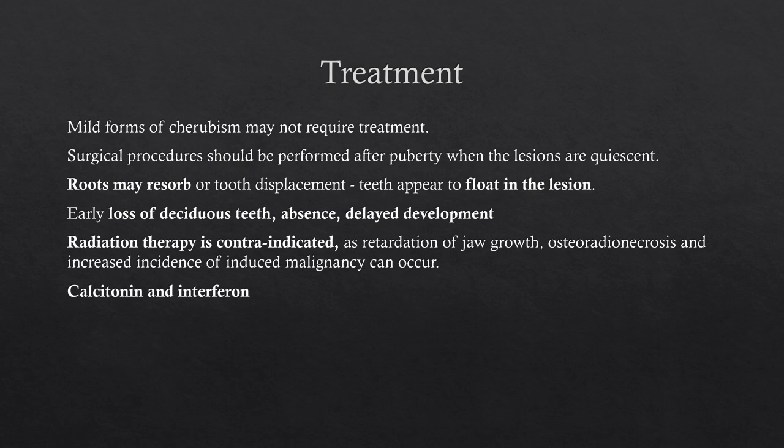Again, radiotherapy is contraindicated. Retardation of jaw growth, osteoradionecrosis, and malignancy can occur because of that. Calcitonin for the bone loss and interferon to reduce the inflammation can be given as a treatment for cherubism.